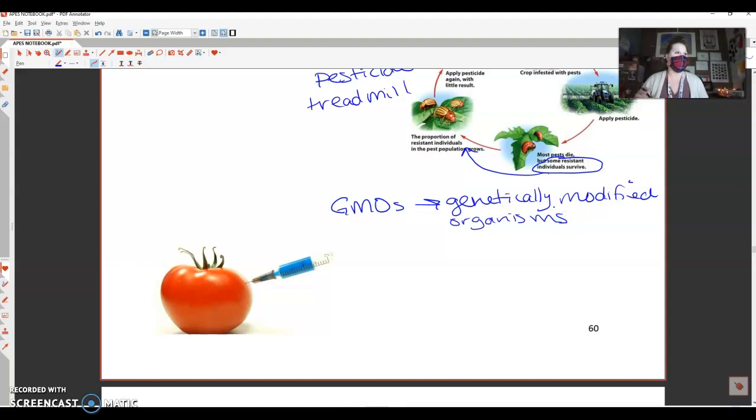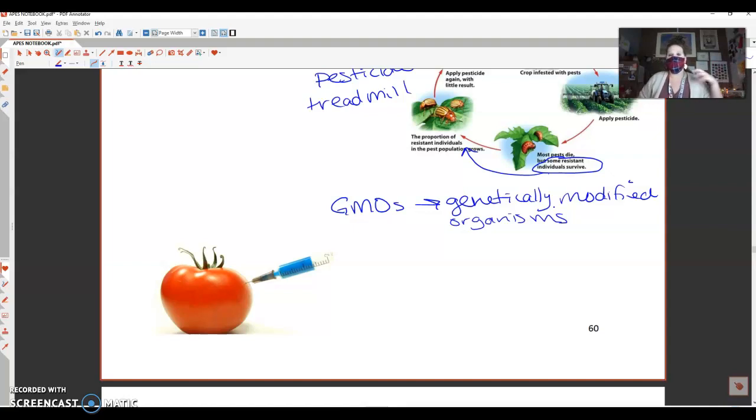If I told you, hey, go look on the internet for opinions about GMOs, you're going to come up with lots of different things. And I'm going to tell you right now, because we are scientists, we're going to look at the science. We're going to look at the data. We're not going to look at other people's opinions who have no knowledge of this type of stuff.